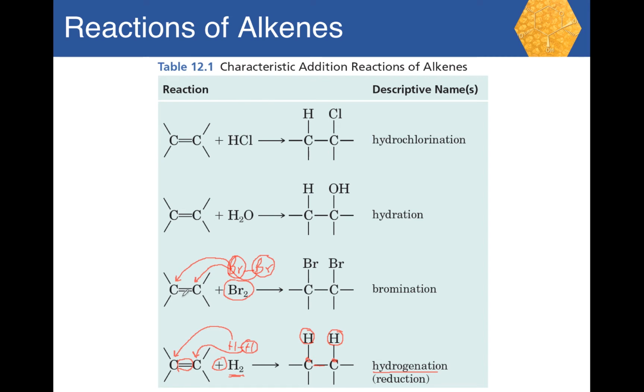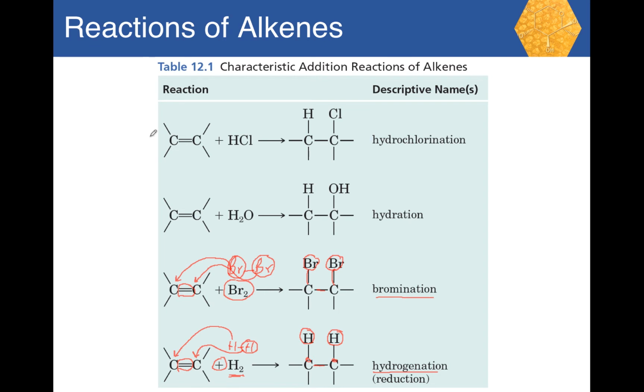In the process, this double bond is transformed into a single bond, and the bromine is added to the carbon by a single bond, and the other bromine is added to the carbon by a single bond. So these are called addition reactions, and this in particular is called the bromination reaction.